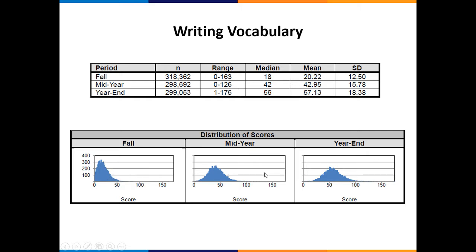But as we go through the school year, the peak comes down, the children spread out along the curve, and on the histogram the slope becomes less. So just an interesting thing that I saw. But the standard deviation told us this: the kids had a similar amount of vocabulary knowledge in the fall, and they differed a little bit more at the year end, some kids knowing more words than others.